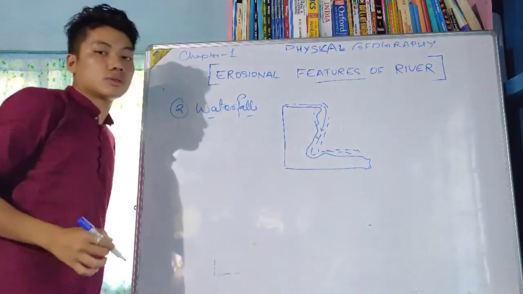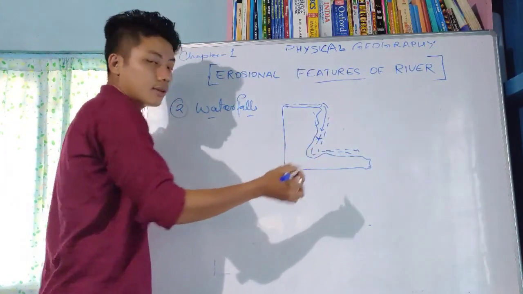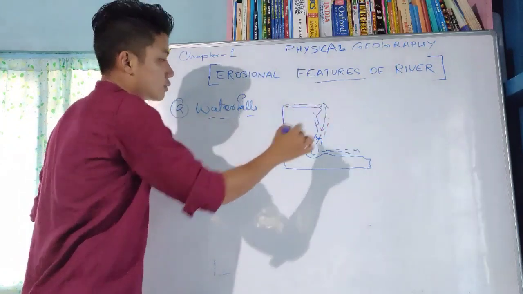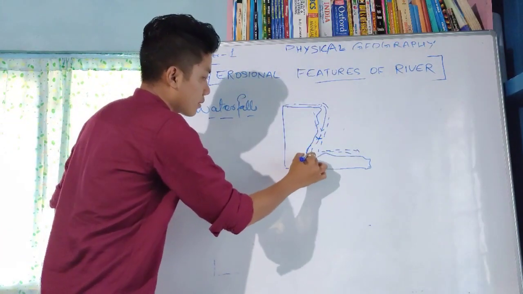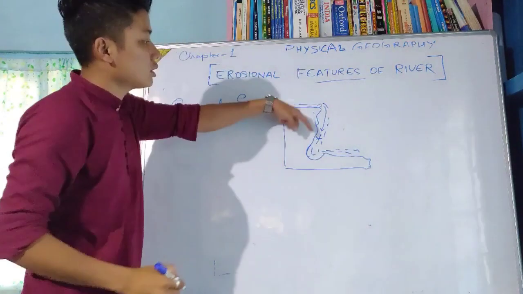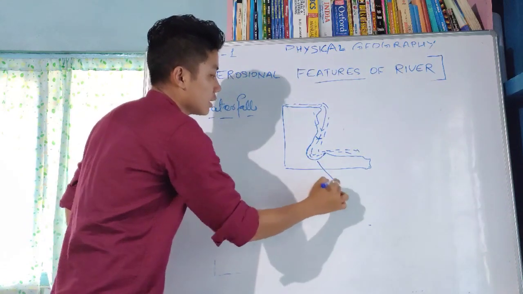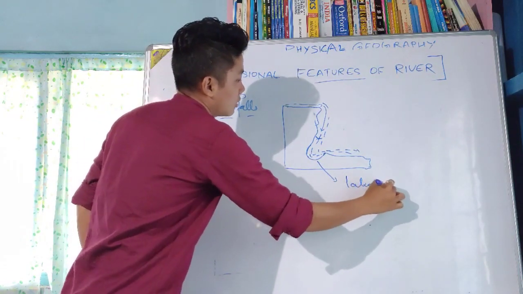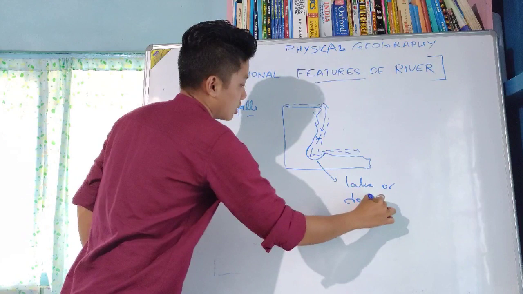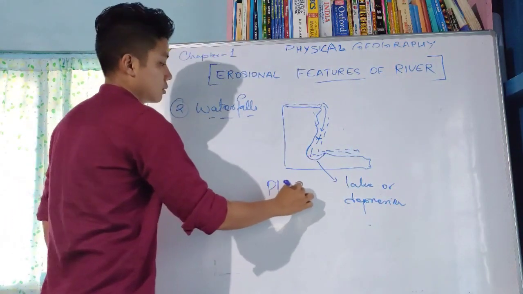There are different types of waterfalls. You can refer to your books also. Another kind of feature can be seen in waterfalls only. When this falling water hits the floor, it forms a lake or depression. This particular depression is called a plunge pool.